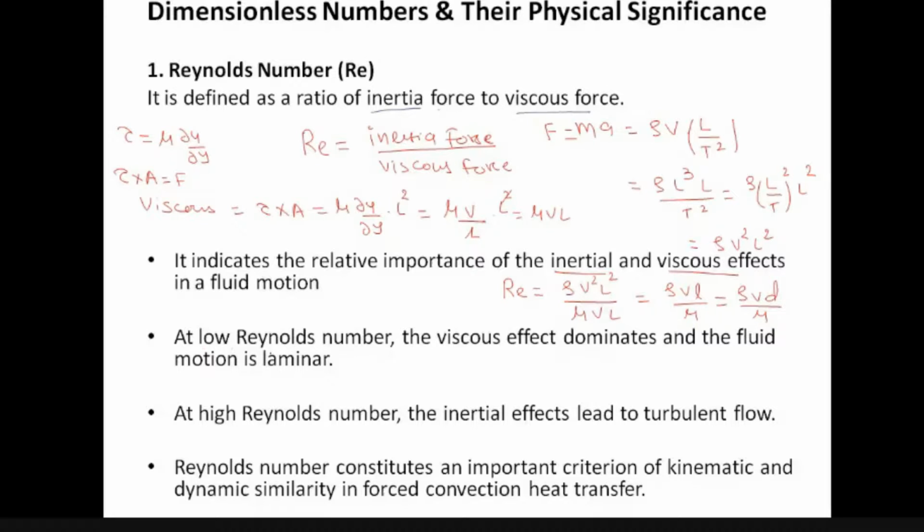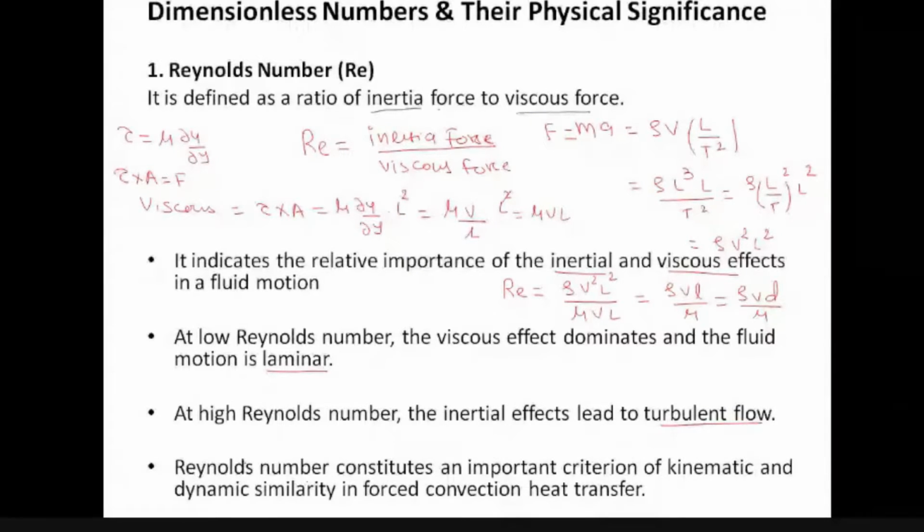At low values of Reynolds number, the viscous effect is dominant, meaning the inertia force is very small compared to the viscous force, and that's why the flow is laminar.